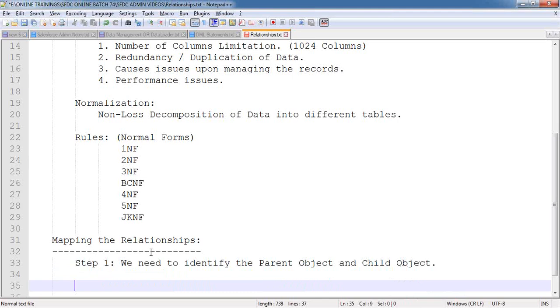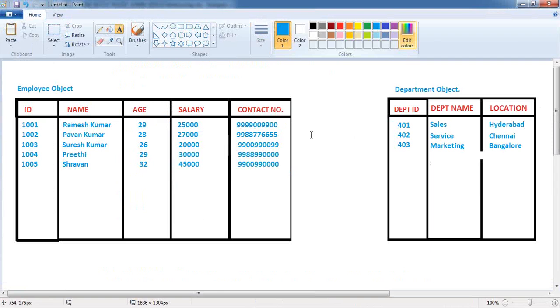That means which object is the parent object and which object is the child object, we need to identify that here. So this is the first step. Now tell me, from these two objects, which one is a parent and which one is a child? Mapping the association between the two objects is exactly similar to human being relationships.